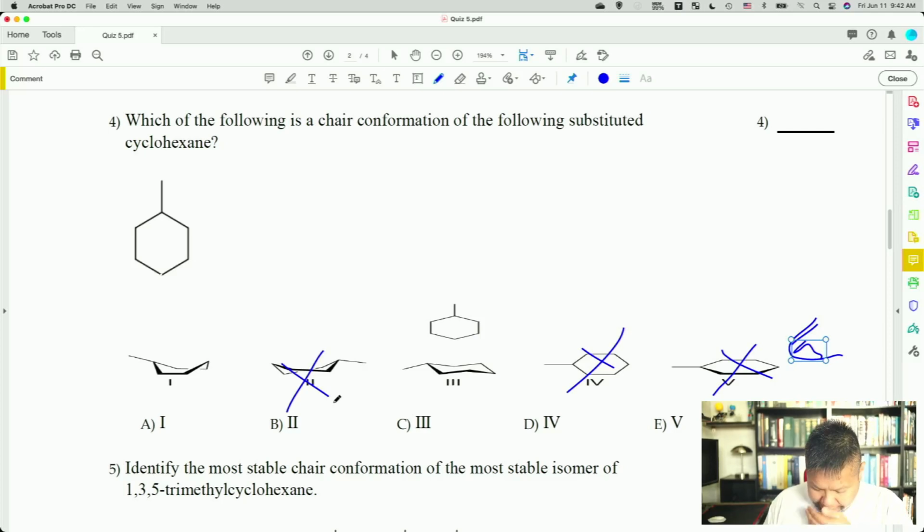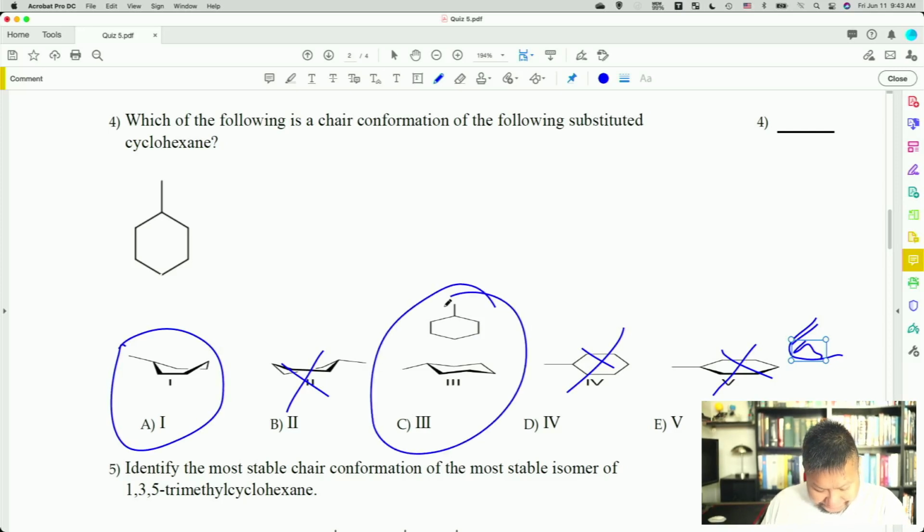So that leaves us with either this one or this one. Well, if you remember, I said that the equatorial at the top right here has to be pointed so that it's not diagonal but parallel with this bond right here.